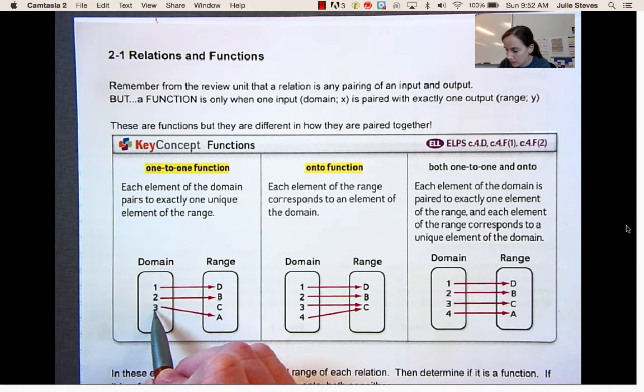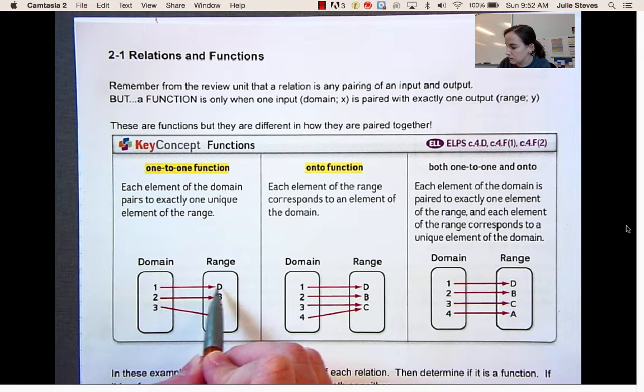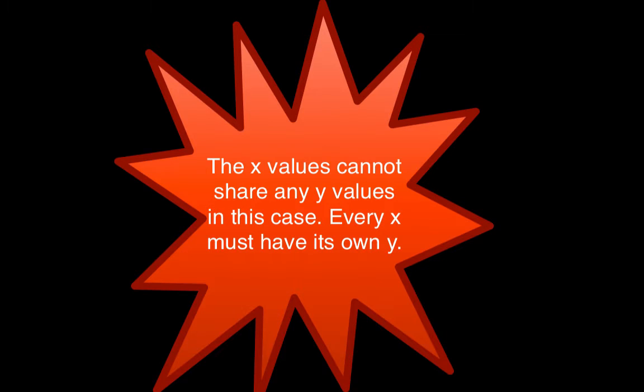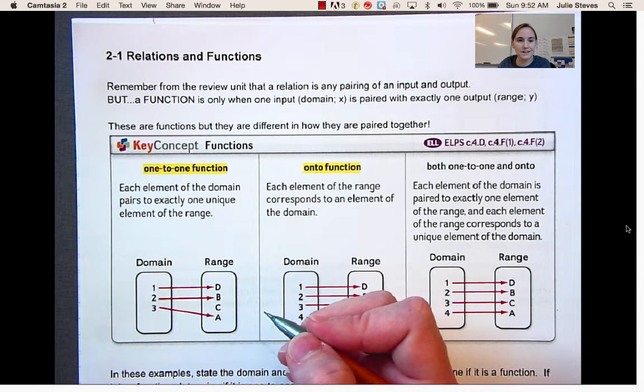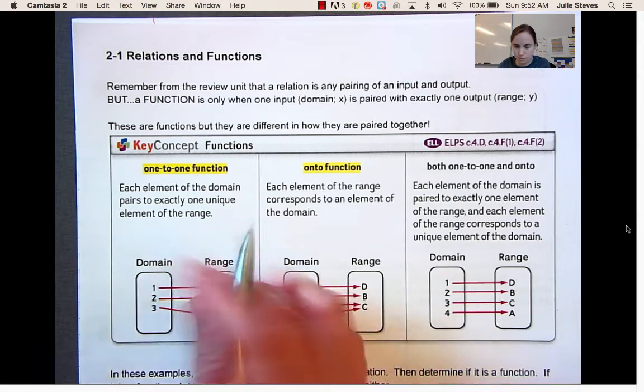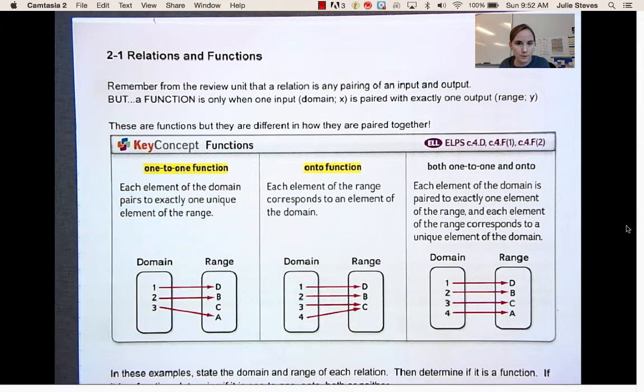So each domain value is used, and it's going to exactly one range value. Now I don't care that this C is not being used because that's not an issue for this particular type.